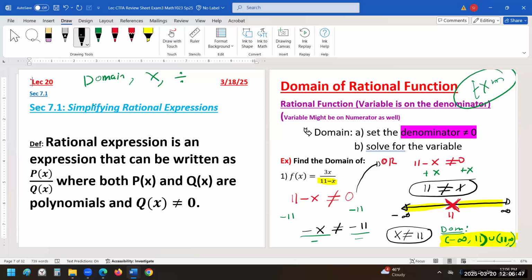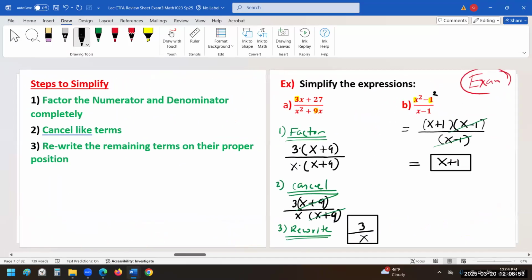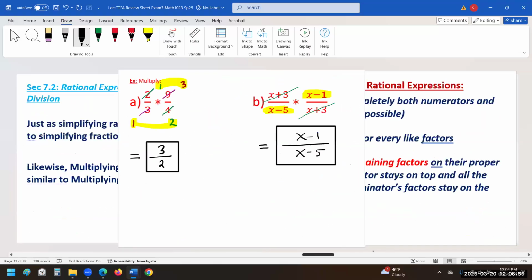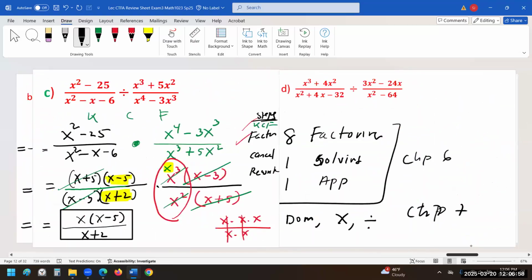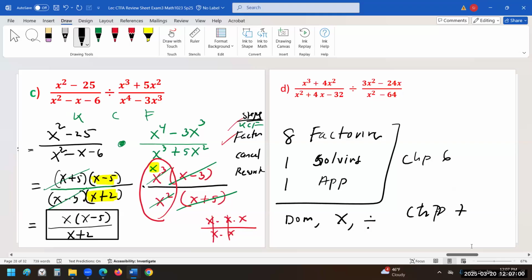So how many questions? 8, 9, 10. So 10 from chapter 6, 3 from chapter 7, that's 13, and then the rest are exponent rules, like the same one today. Same one you did, and then the negative power thing, yeah, you did 1 question.